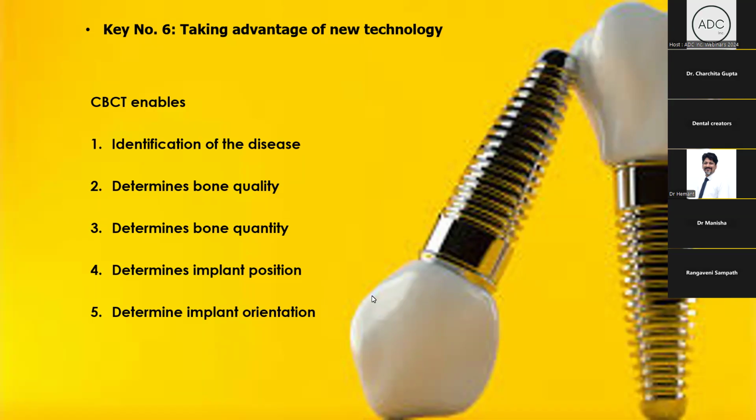Forces will go on our abutment, and then the abutment will try to bend, and this is the major cause for the failure of the implant or the breakage of the screw or neck of the implant. The occlusal forces are the main culprit for breakage of the neck of the implant.